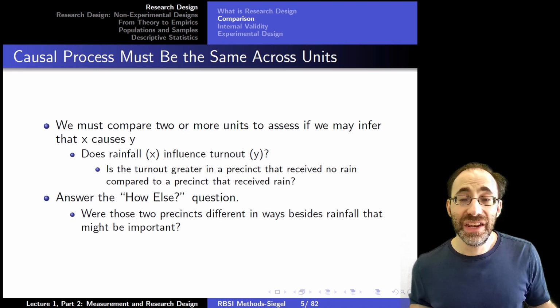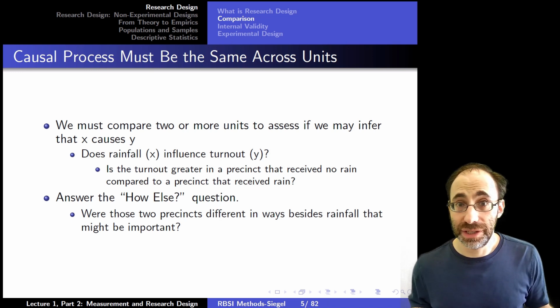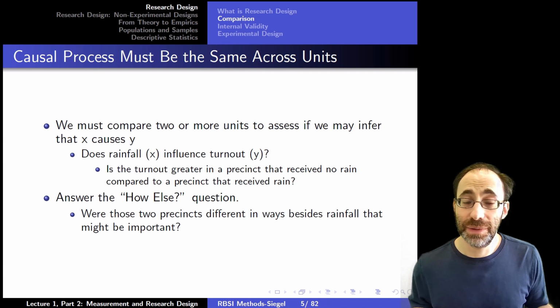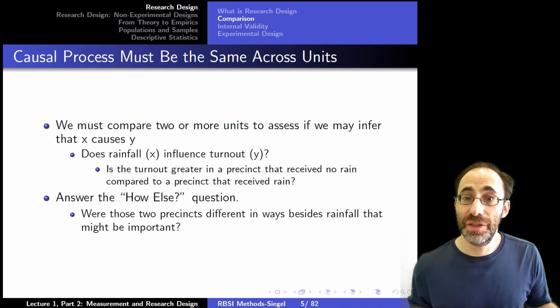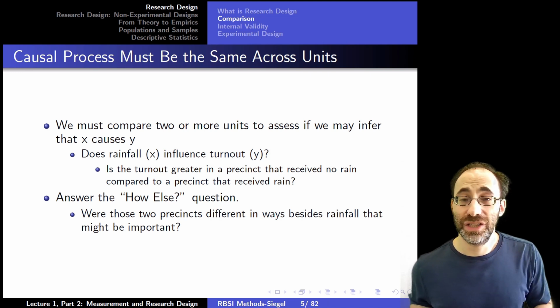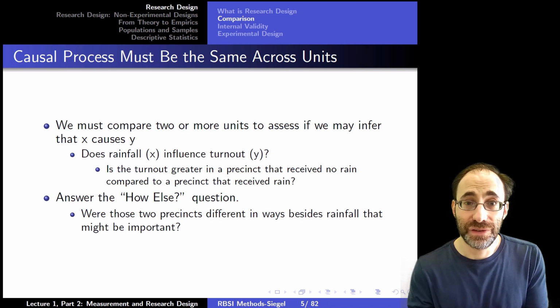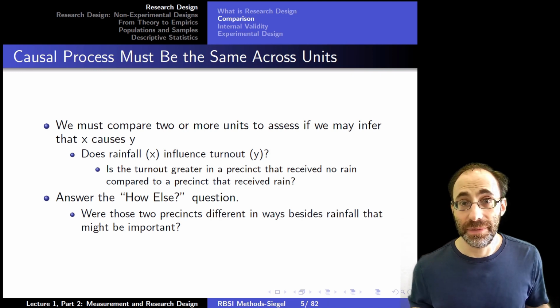The problem is any other difference between those two units might lead to a poor inference, might lead to threats to our inference due to spurious causation or anything else, right? There could be other differences between those two units that are responsible for the difference in turnout between the precincts that are not rainfall. In essence, we want to isolate the rainfall difference and have everything else be the same. That's key.